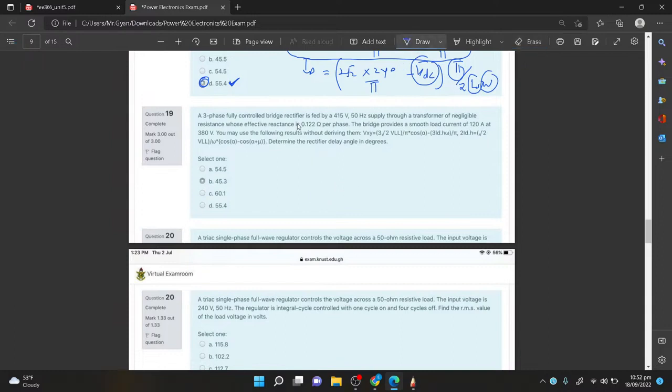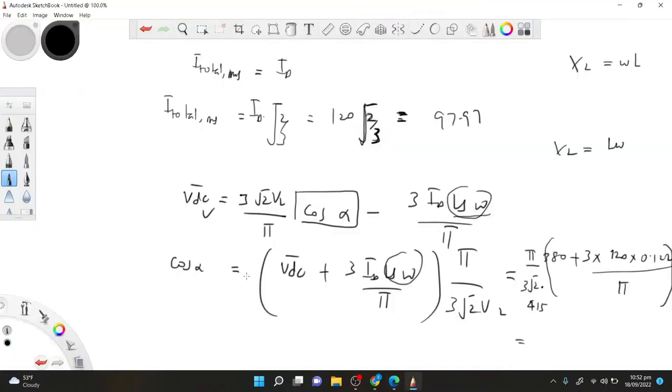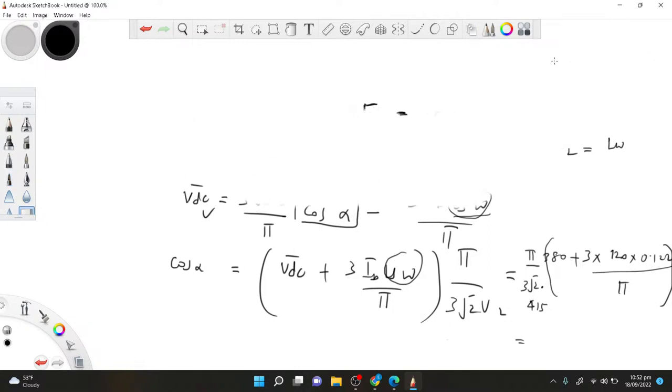Now they said determine the rectifier delay angle. Here I found cos alpha to be 0.703, so I can find alpha. Alpha is equal to cos inverse of 0.703.